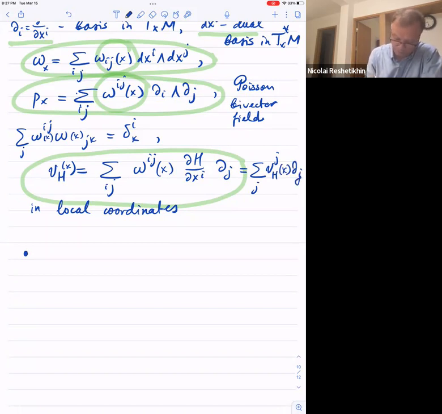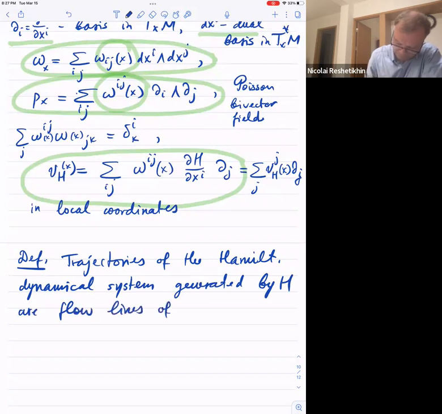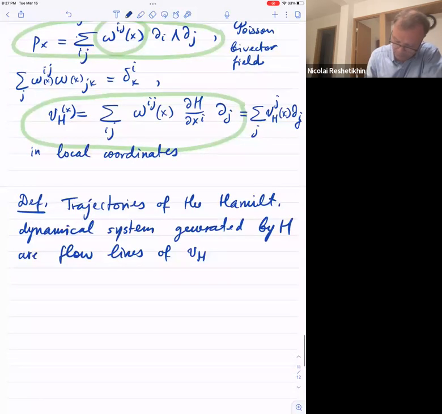So then flow lines. Definition: trajectories of the Hamiltonian dynamical system generated by H are flow lines of this vector field V_H.